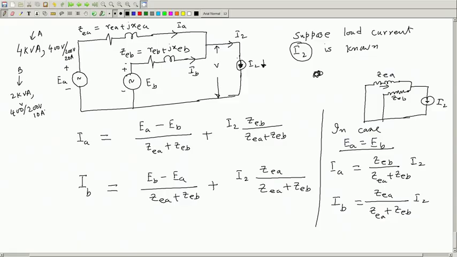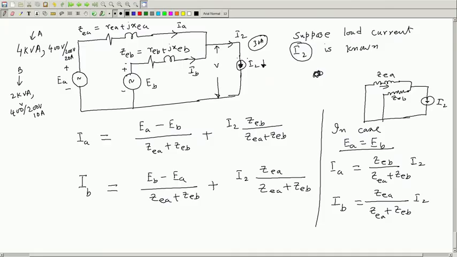Therefore, since I have connected one 4 kVA and one 2 kVA, I should expect this combination to supply 6 kVA, 4 plus 2, and the maximum load current I can allow is then 30 ampere. So, 30 ampere current I would like to supply to the load.